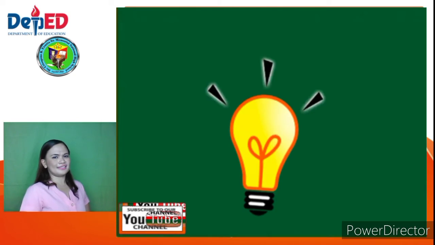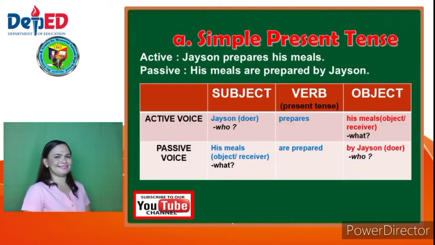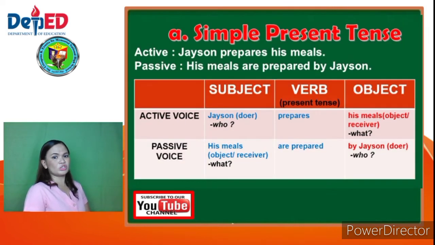Let's talk about it. Transforming active voice to passive voice or vice versa. A. Simple present tense. We have their active, Jason prepares his meal, and passive, his meals are prepared by Jason.